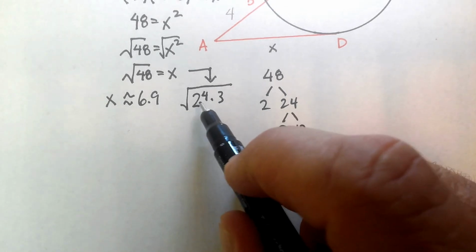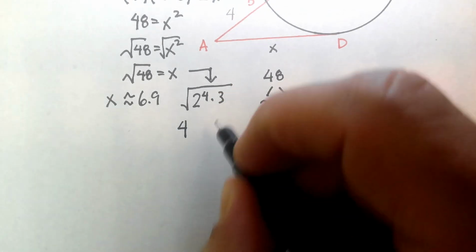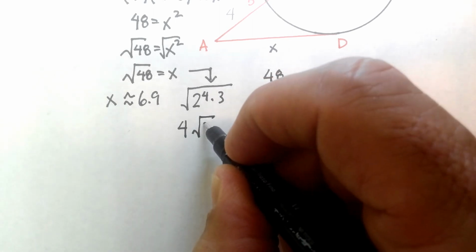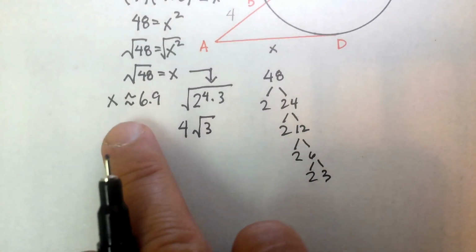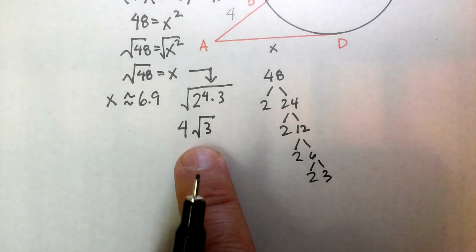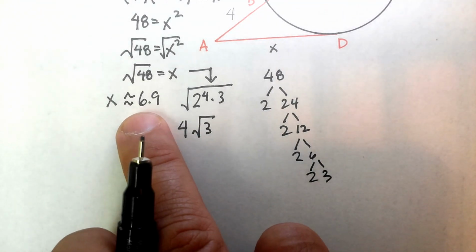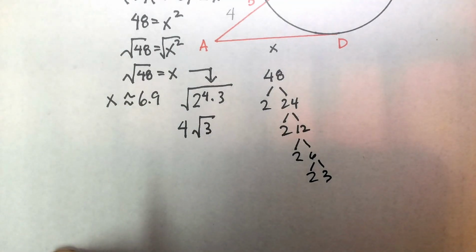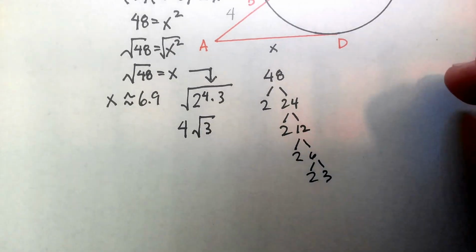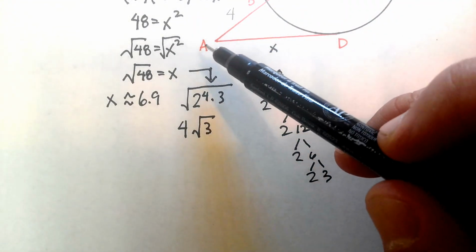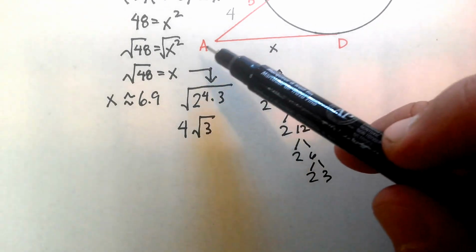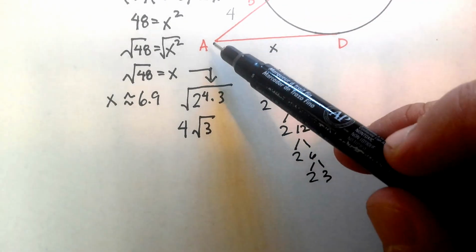The square root of 16 is 4, and then radical 3 remains underneath. If you multiply 4 times the square root of 3, you'll get approximately 6.9, just a little bit more.